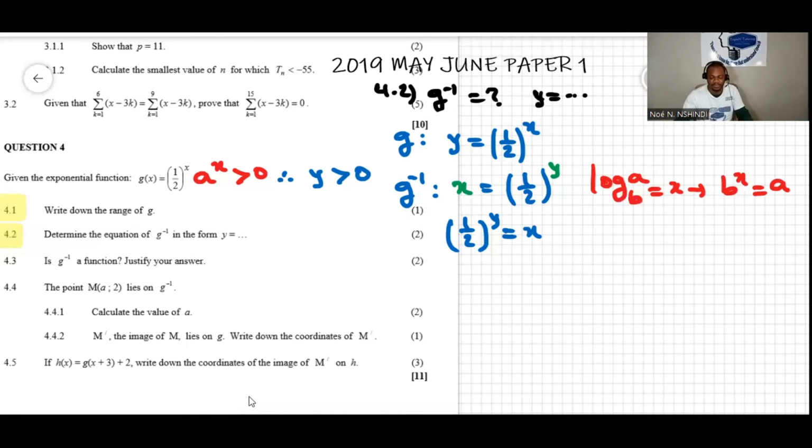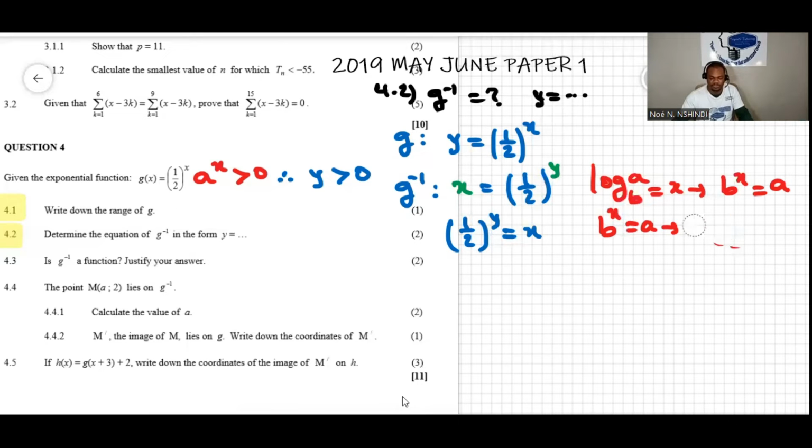Similarly, we can write b to the power x equal a, which is like log of a base b equal x. So this is the same situation. The base here is ½, and the exponent is y.